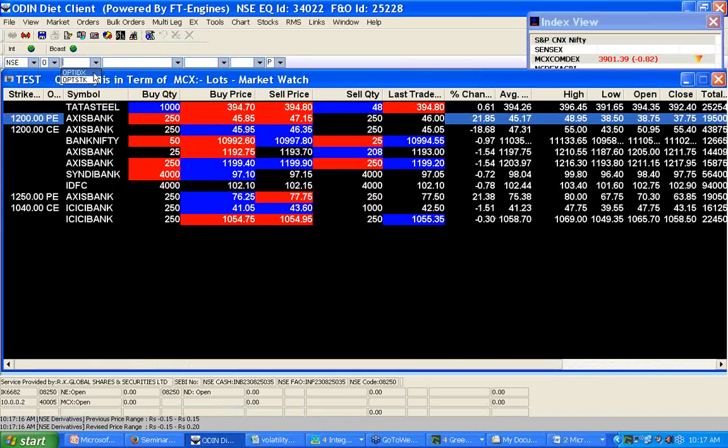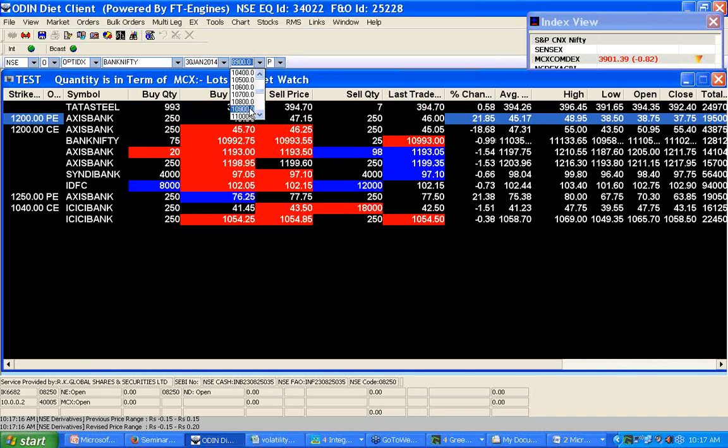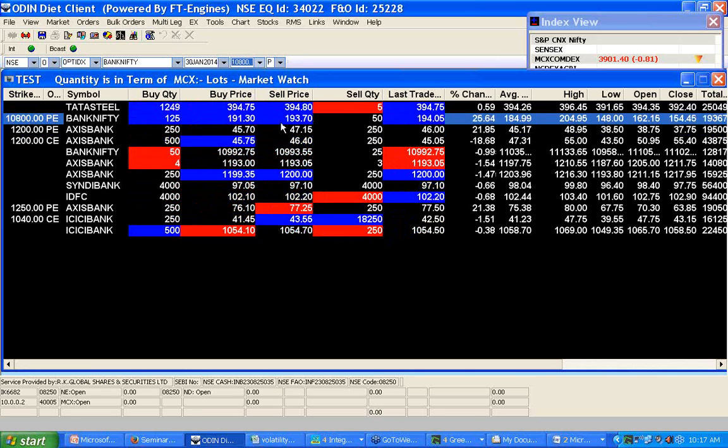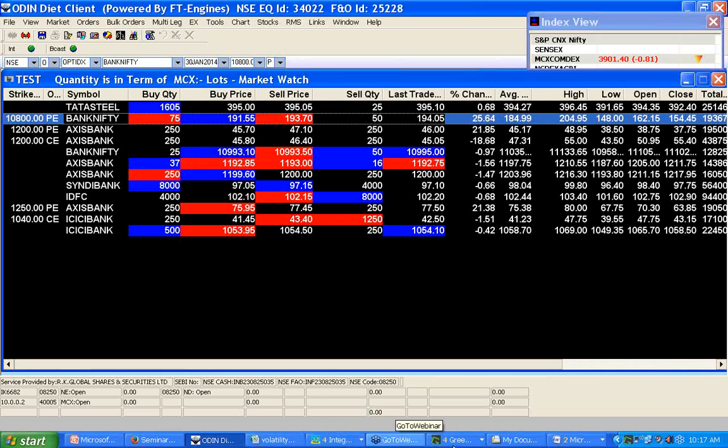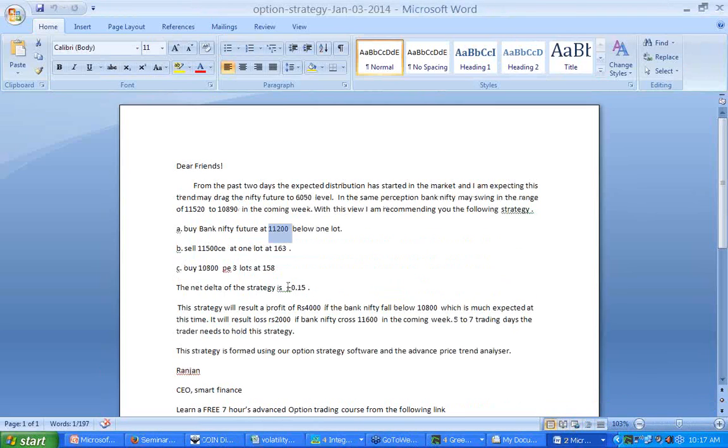Option index, Bank Nifty, 10,800 put option is quoting at 191. You bought it at 158, so 191 minus 158 is 33 points into 3, so 99 points gain here. Here around 30 points gain, and 200 points almost you are losing here.